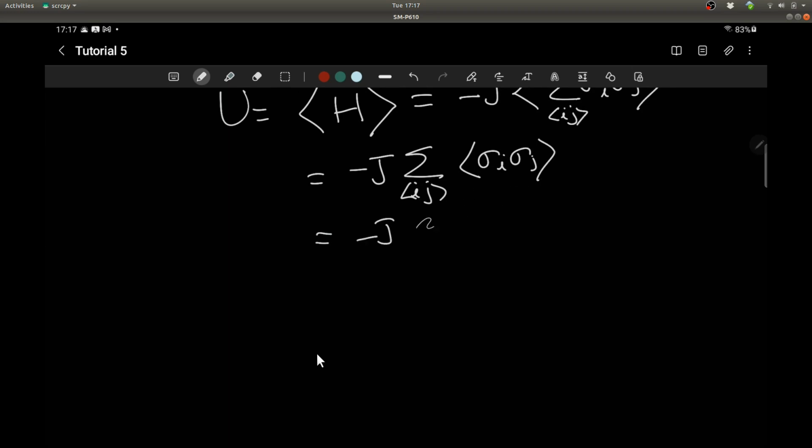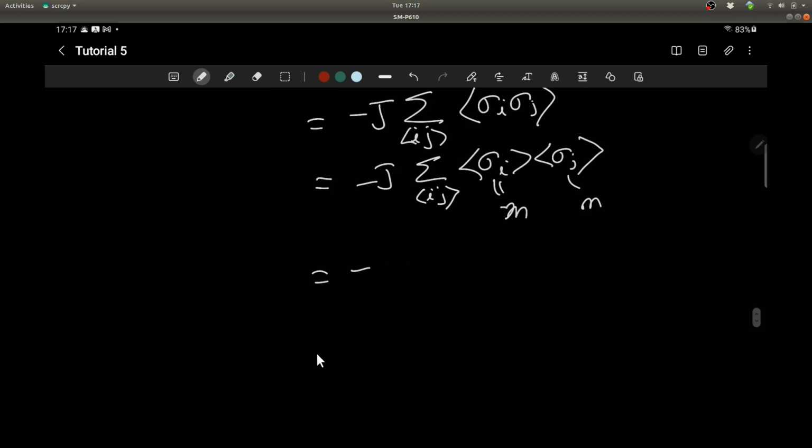So this is equal to m in our definition, and this is also m, so it becomes m squared. So you get minus J, N number of sites, and then y, which is half the coordination number, times m squared.